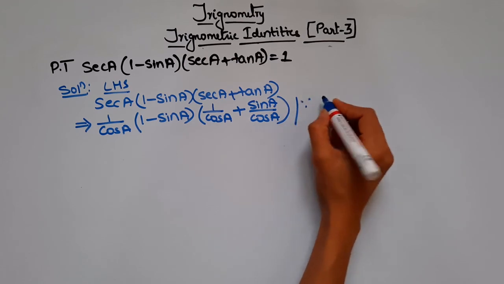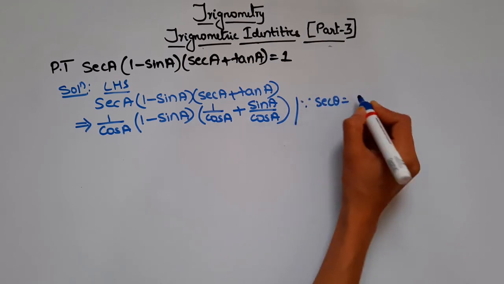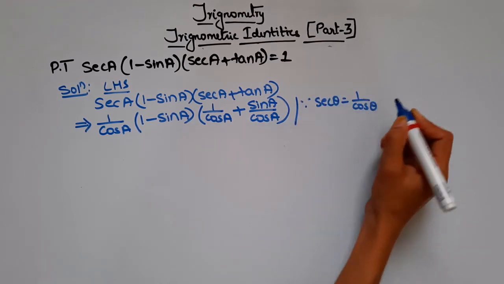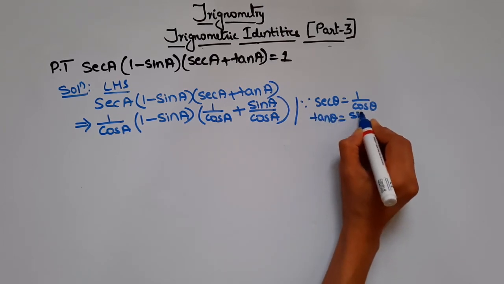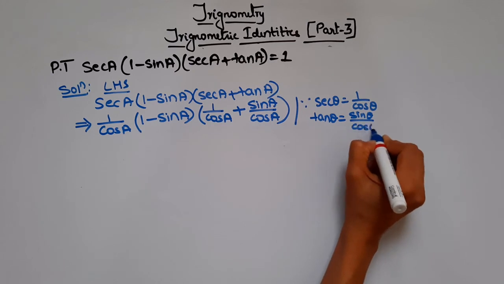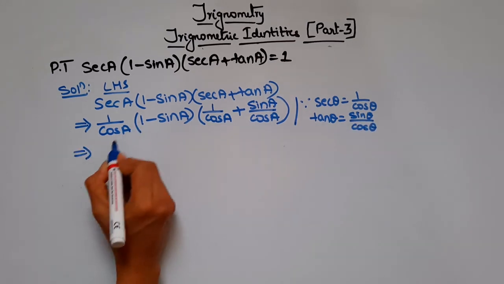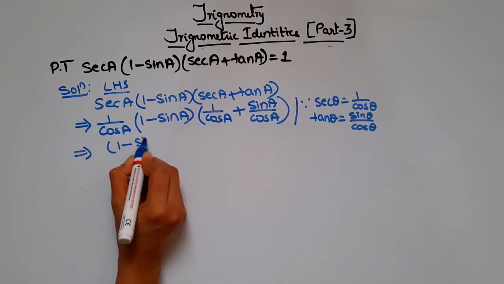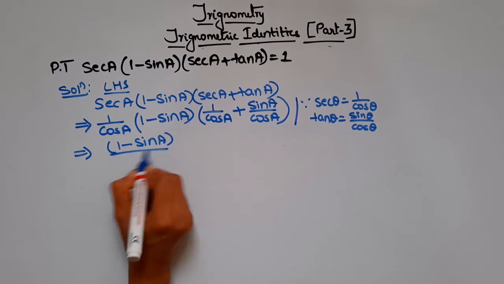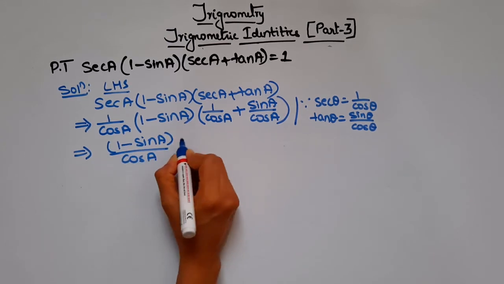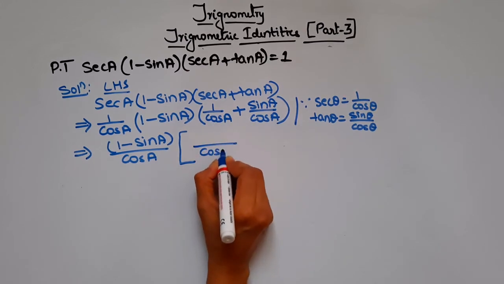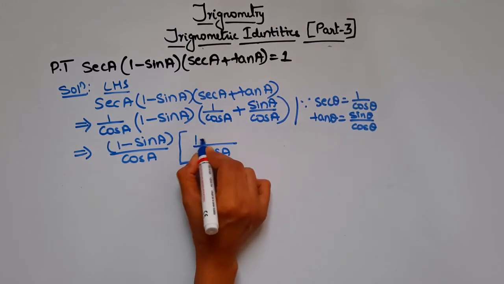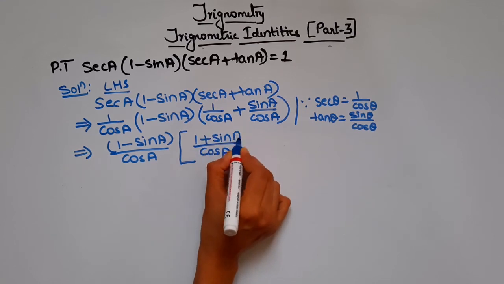Since we know secant theta is equal to 1 by cos theta and we also know tan theta is equal to sin theta by cos theta, right? So this implies we have (1 minus sin A) by cos A into, let's take LCM. Here LCM is cos A. So here we have 1 plus sin A, right?